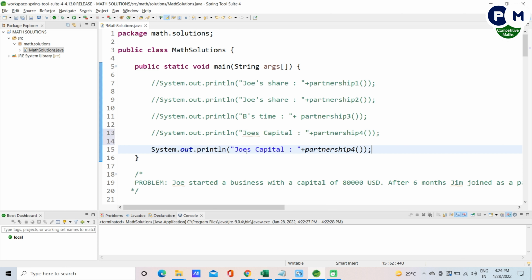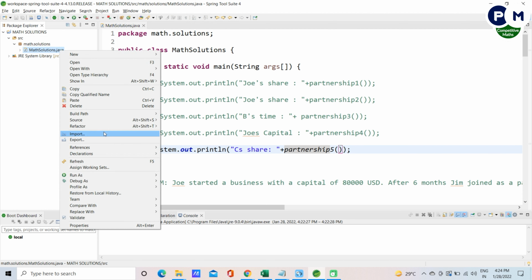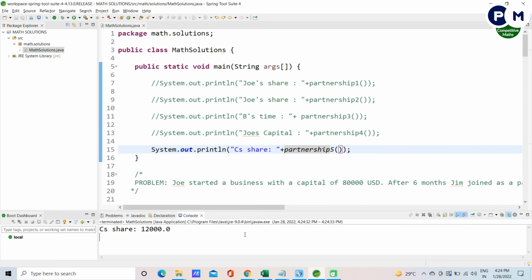The sum is calculated as the sum of the product of A's capital and A's time, capital of B and B's time, and capital of C and C's time. Next, C's share is calculated as 4 by sum multiplied by profit. The last step is to return C's share. Here, I am printing C's share by calling the partnership method.